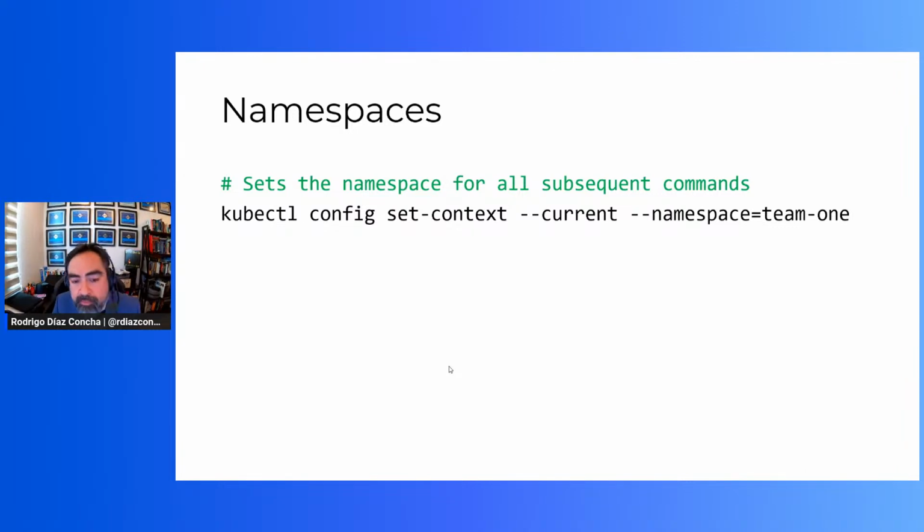Make sense? So you can specify in your context for kubectl a particular namespace that you want to use for all your different commands. So in this example that I have here on the screen, I'm using the team1 namespace for all subsequent commands.